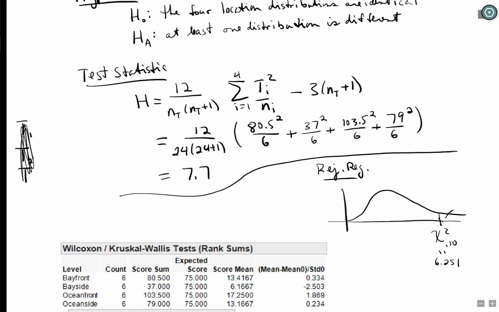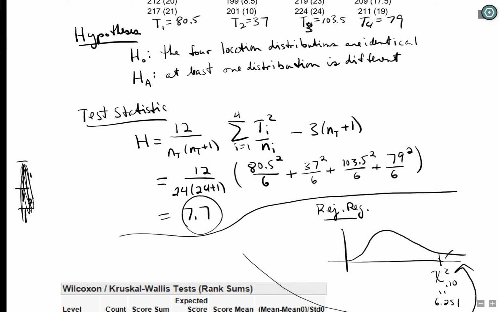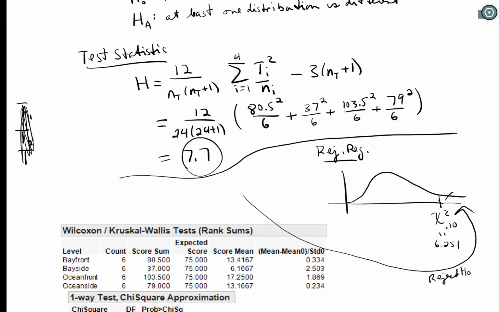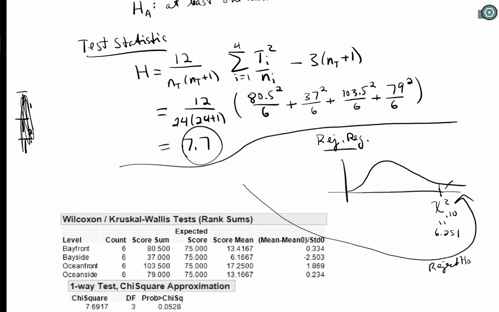And so my test statistic lies to the right of this, so we would reject H0 and accept HA here, that at least one of the distributions is different. And this actually coincides with what we saw in the F test. Not surprising.